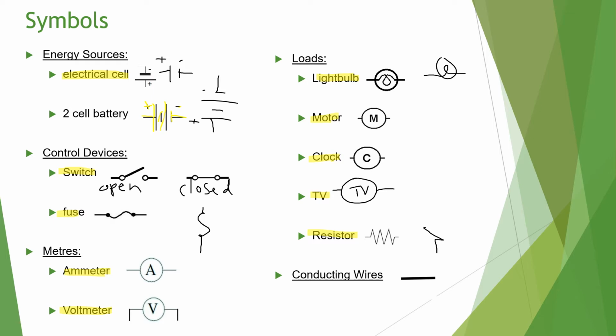So that wasn't perfect, but you could flip it and draw it like that as well. And then lastly, conducting wires is just the straight lines around the circuit. Okay, those straight lines are representing conductor. Okay, so these are all the symbols that are going to be used in these circuit diagrams when we go and draw them.